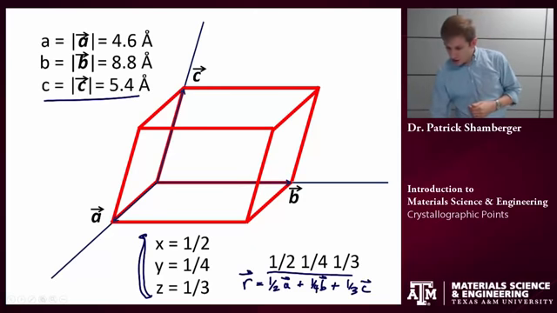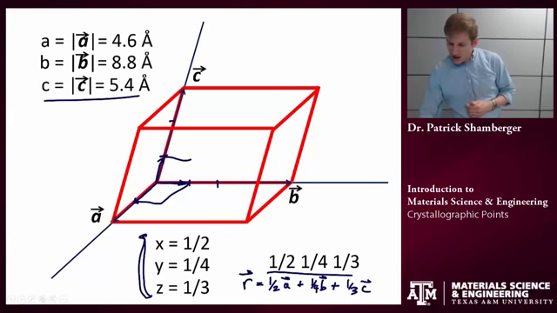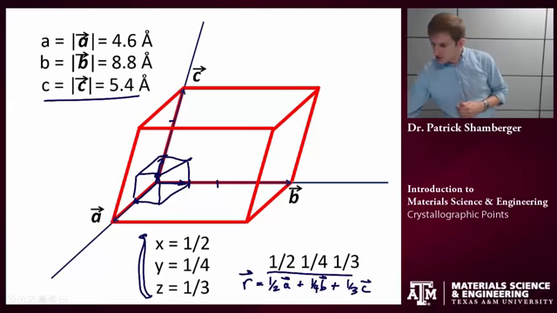So we are going to look at 1/2 of A, 1/4 of B, and 1/3 of C, and this is going to describe the location of this position within the lattice. So that position is sitting right about here.